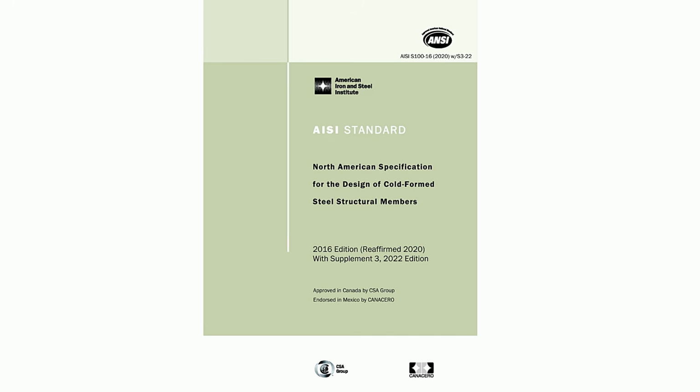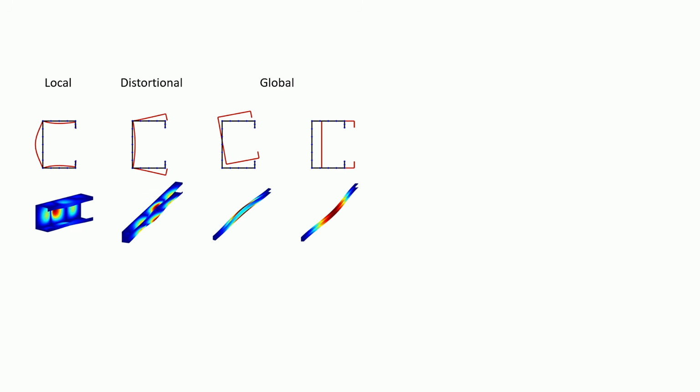It applies to structural members cold formed from sheet, strip, plate, or bar up to 1 inch thickness, and it provides ASD and LRFD for the United States and Mexico, and LSD for Canada. DSM incorporates the relevant buckling modes of the member, local, distortional, and global, and determines them for the member, not element by element.